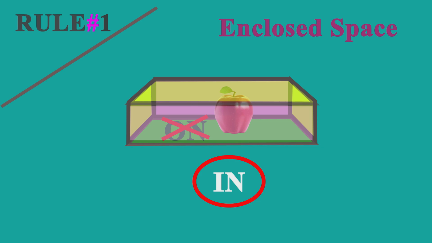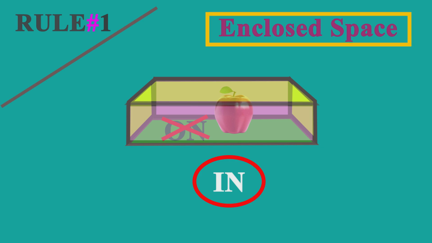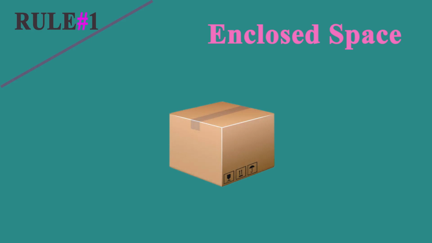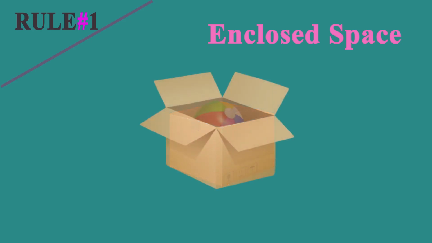So for all enclosed spaces, we will use preposition in. Take another example for better understanding. This is a box. It is an enclosed space. Now, if we open the box, we will see there is a ball. So the ball is in the box.